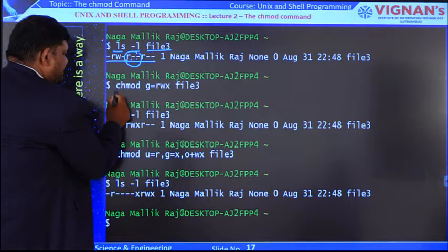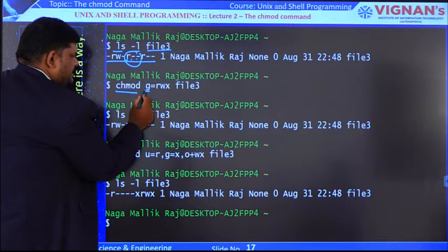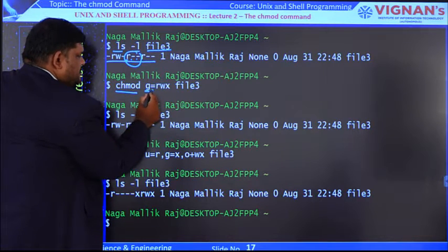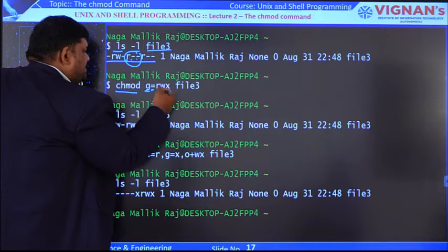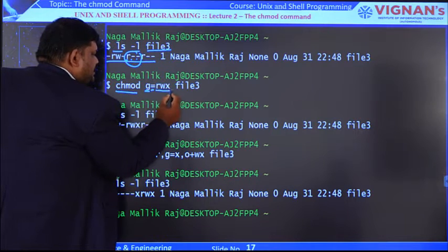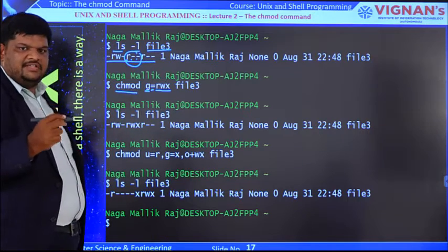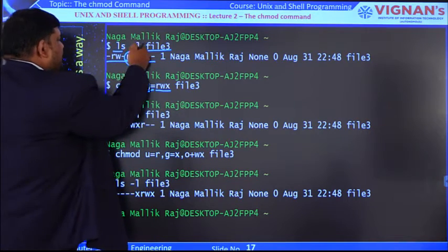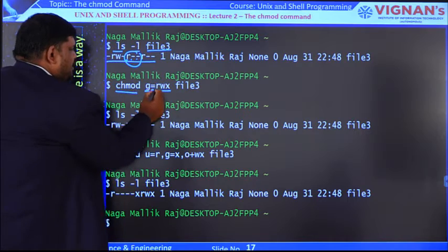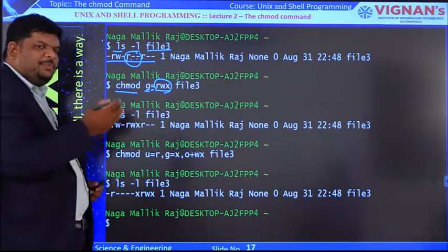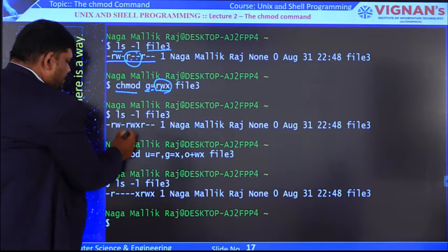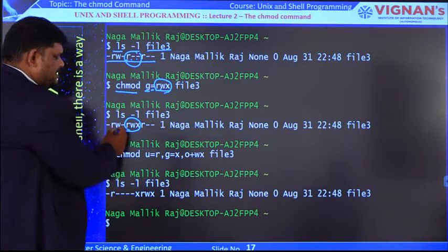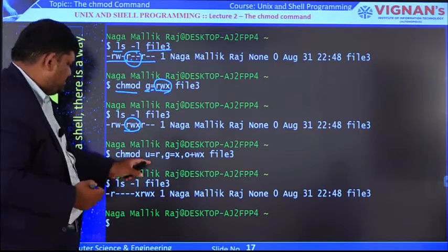Now I am writing change mode g, that is group, equal to, meaning we are setting the permissions. Here we are giving read, write, execute. Whatever the default permissions were, just forget them; they will be overwritten with the new permissions that we are writing here. That means now for the group, read, write, execute will be there. Now check another example.